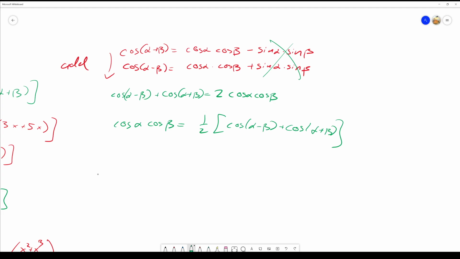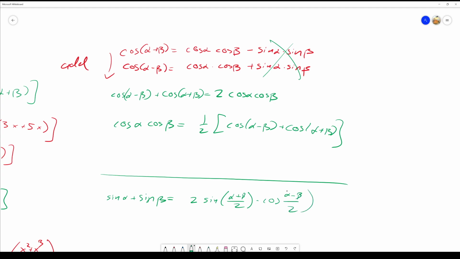But let's say, just hypothetically, you wanted to show that sine of alpha plus sine of beta was equal to 2 sine of alpha plus beta over 2 times the cosine of alpha minus beta over 2.